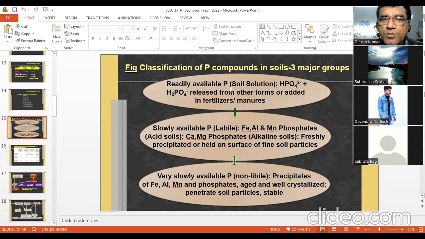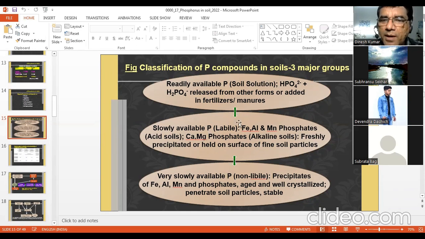And in alkaline soils, calcium and magnesium phosphates are the labile kind of phosphorus, and they will supply to the soil solution. Some of the phosphate can also be freshly precipitated or held on the surface of fine soil particles, and they can also supply to the soil solution.